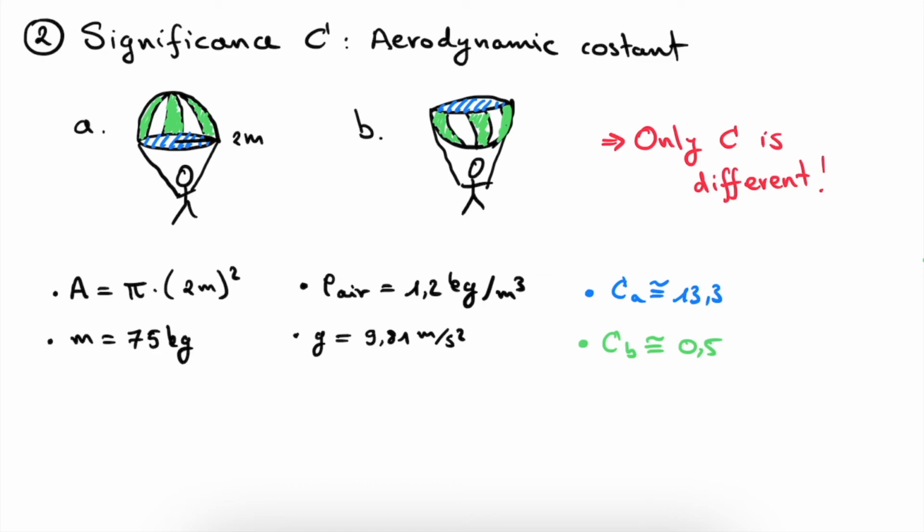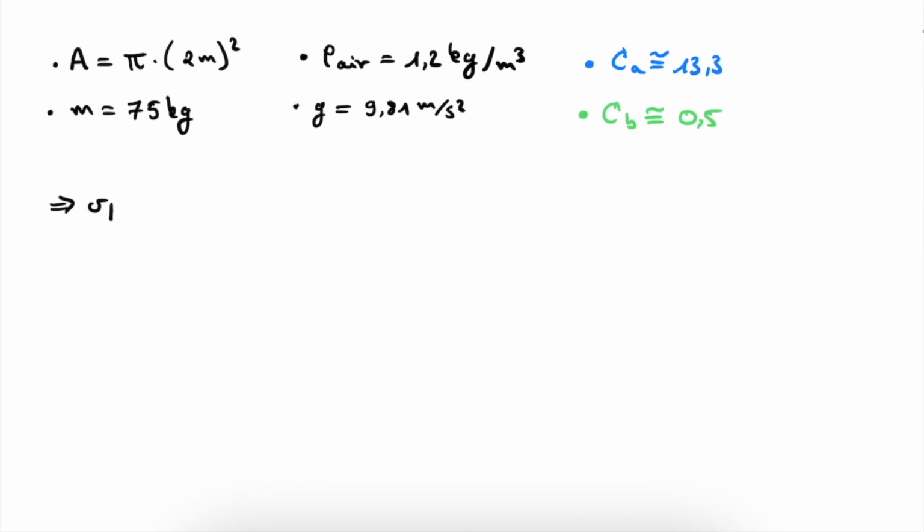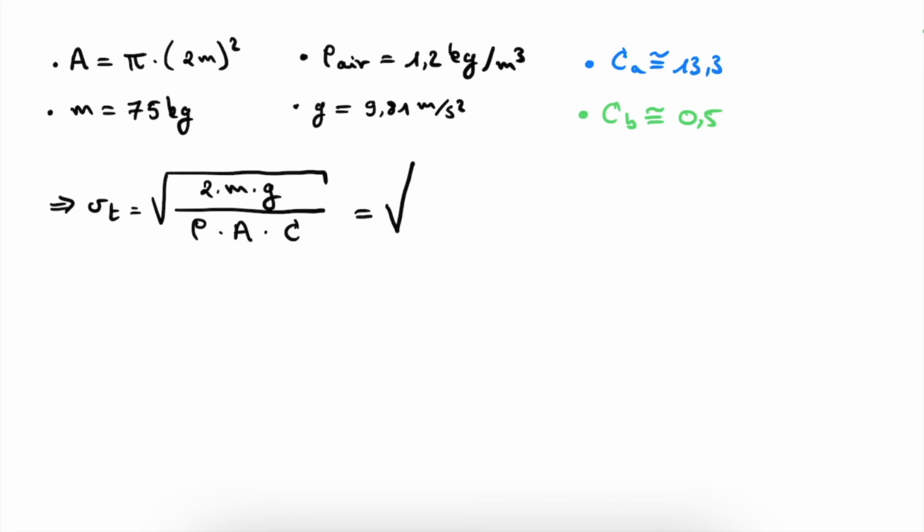So let's see now how the terminal velocity between these two cases differs. We know that the terminal velocity is equal to the square root of 2 times the mass times the gravitational constant divided by the density of the medium times the cross-sectional area times this constant c. And it will be this constant that will be of course different for both scenarios. So what we can already do is for both cases fill in all of the quantities that are the same.